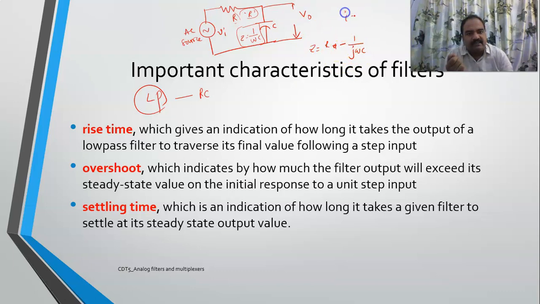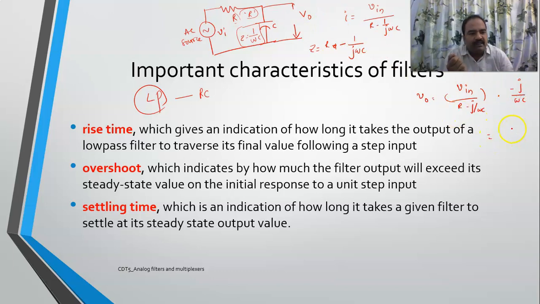So what is the current? V input by R minus 1 by j omega C. And what is my output? Output is nothing but this current into the capacitor impedance.